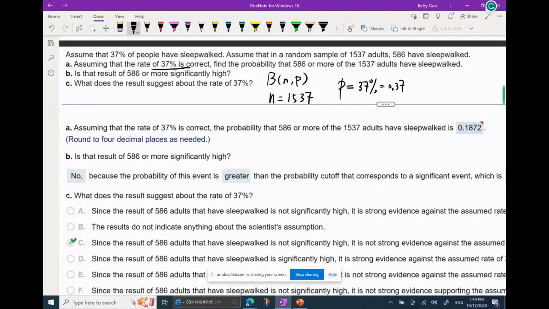So that's two important parameters for this binomial. In this binomial, what are we looking for? We are looking for the probability that this many or more have sleepwalked.